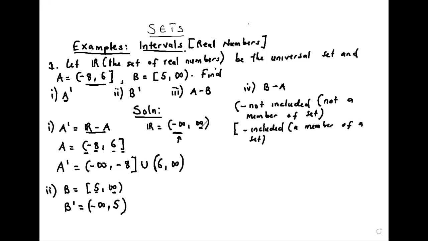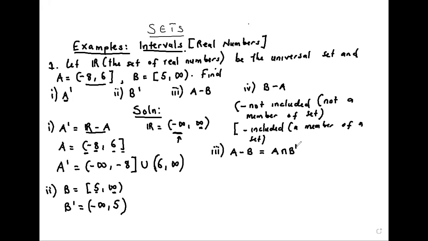And then when we go to part 3, we get A minus B. A minus B is also described as A intersection B complement.